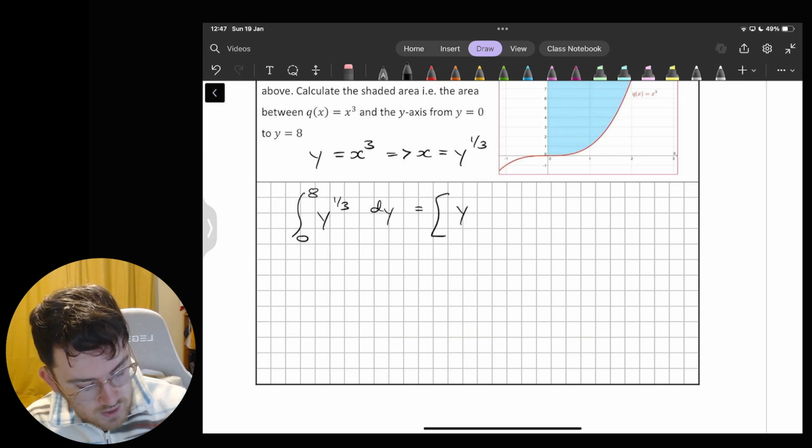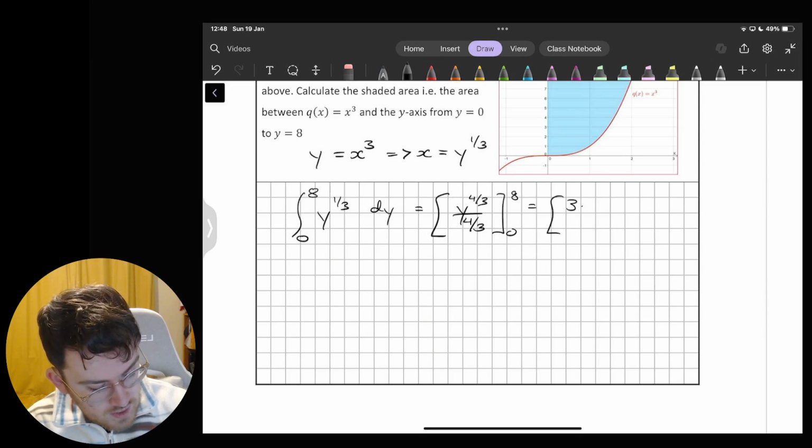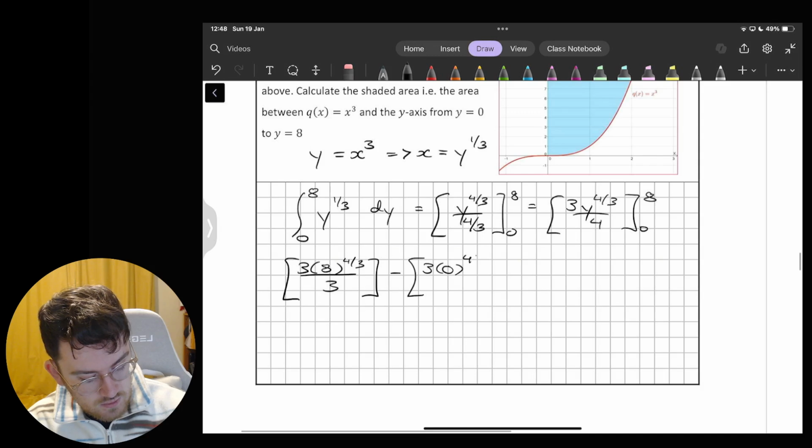So that's going to be y to the power of 4 over 3 divided by 4 over 3, which gives me 3y to the power of 4 over 3 over 4, to be evaluated at 0 and 8. So that's 8 to the power of 4 over 3 times 3 over 4.